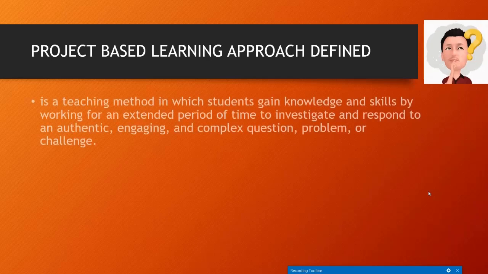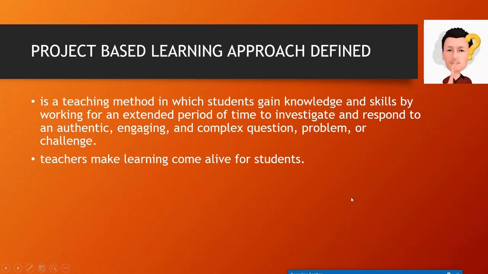Project-based learning approach definitions may include a teaching method in which students gain knowledge and skills by working for an extended period of time to investigate and respond to an authentic, engaging, and complex question, problem, or challenge. Teachers make learning come alive for students.